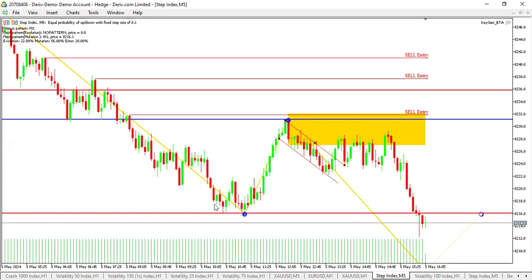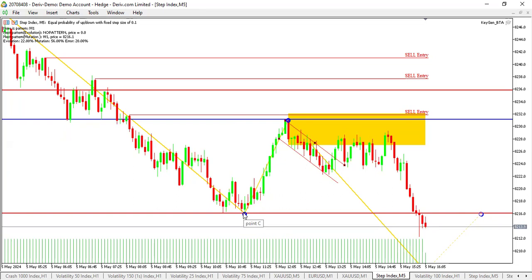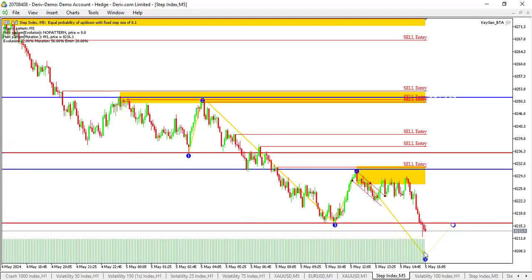And also avoid trading these turning points. For instance, you might see someone saying, right now it has reached this turning point, so it's about to create a double bottom. No, Deriv does not work like that. It will always pull back first. Like if you check what the system is saying, it's telling us that the market should sell to this point.